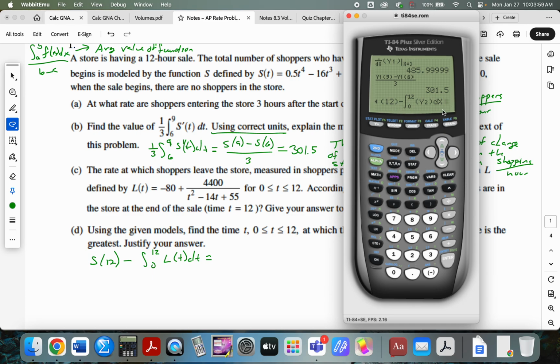Don't write the calculator speak. Occasionally I'll see a student do that. I haven't seen it in a while, but every now and then someone tries to do calculator speak for their calculus. It needs to be calculus speak, not calculator speak, if you see what I mean.